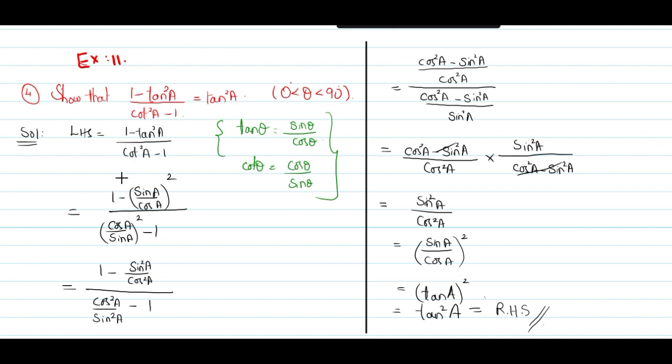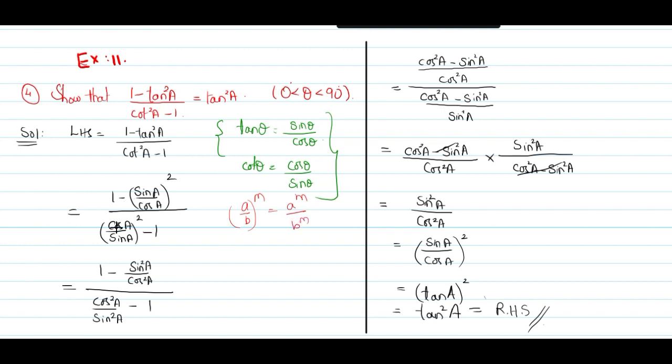Let us substitute the values. 1 minus tan square a can be written as (sin a by cos a) whole square, divided by cot square a, which is (cos a by sin a) whole square, minus 1. This square belongs both to the numerator and denominator, as (a by b) whole to the power of m is equal to a to the power of m by b to the power of m.